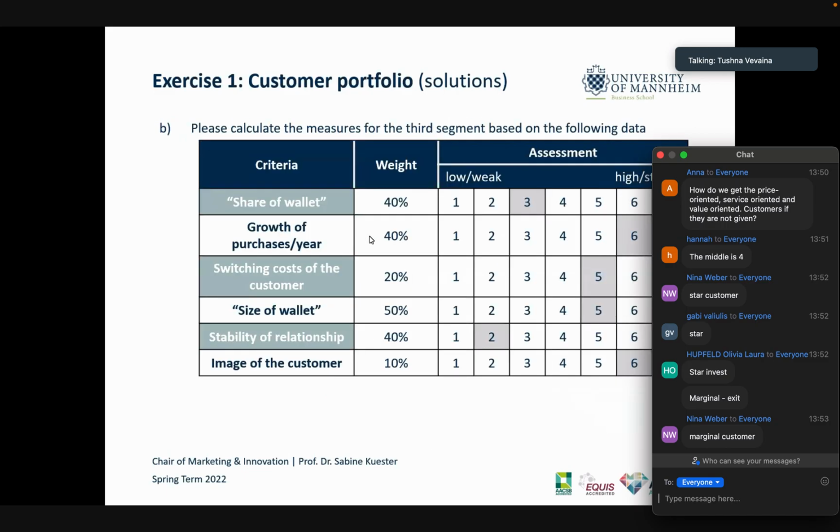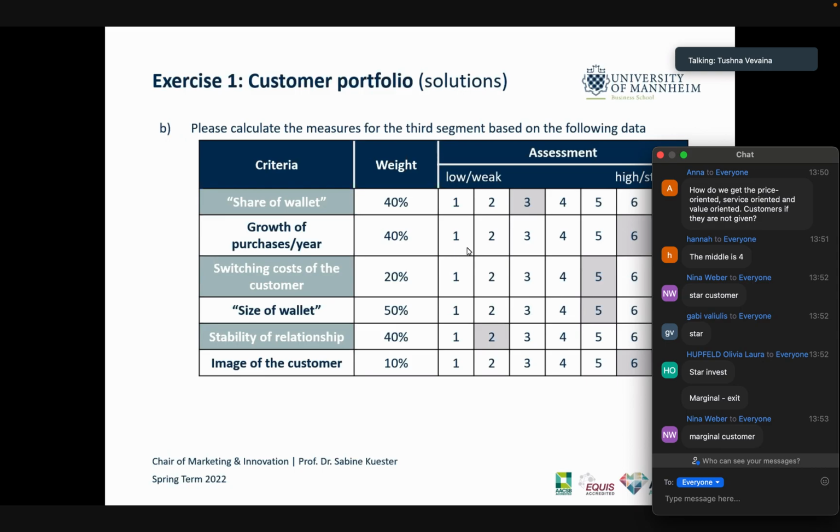Now your B part of the question. You had to do a mathematical calculation. There was one customer, segment 3, for which we didn't have figures.